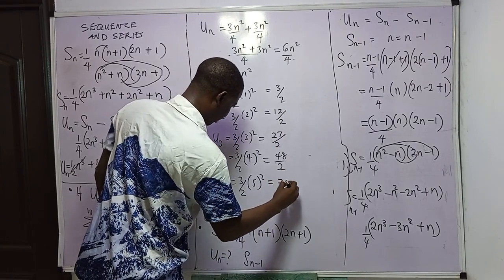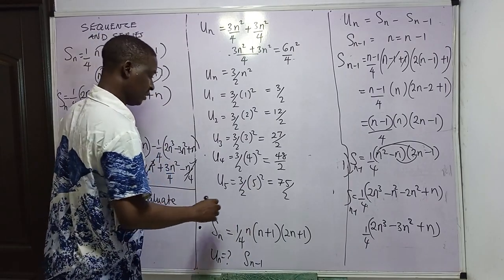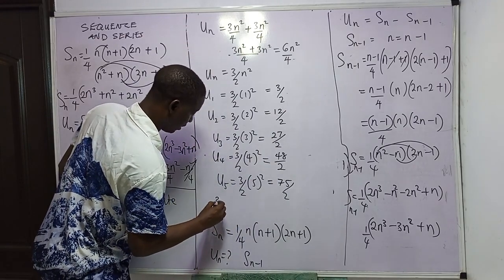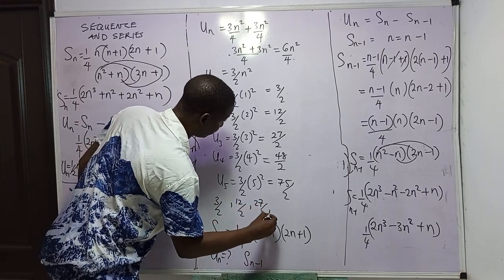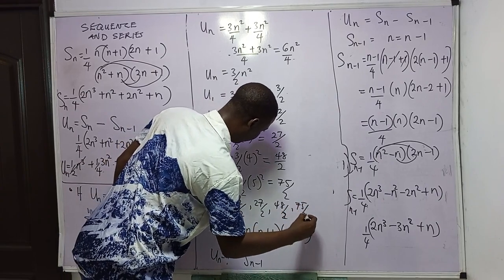Then 25 times 3 is 75 over 2. 1, 2, 3, 4, 5. So that is the first 5 terms: 3 over 2, 12 over 2, 27 over 2, 48 over 2, and 75 over 2.